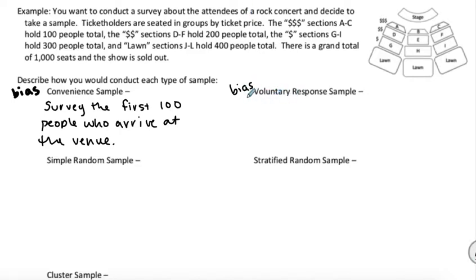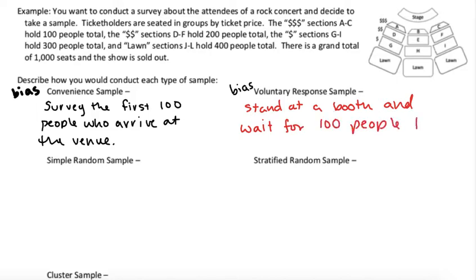For a voluntary response, maybe I'm just going to stand at a booth and wait for 100 people to come to me. So maybe I stand at my booth and I say, hey, do you have an opinion about this group that's here?